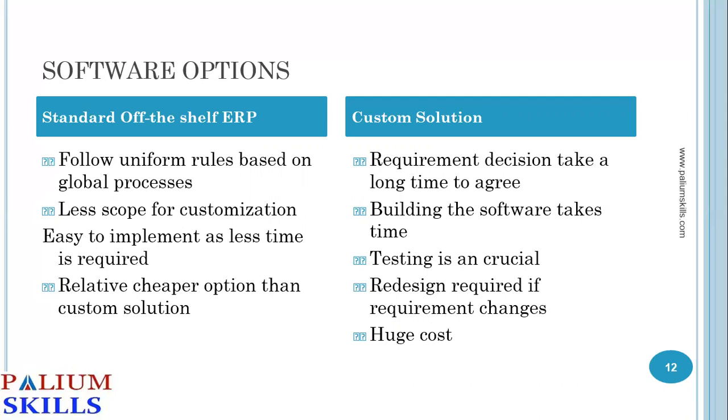It follows uniform rules based on global processes. There is less scope for customization. When you say less scope of customization, any product, like any license a customer buys, they have to implement it anyway. And when we say customization, what level of customization are we talking about?